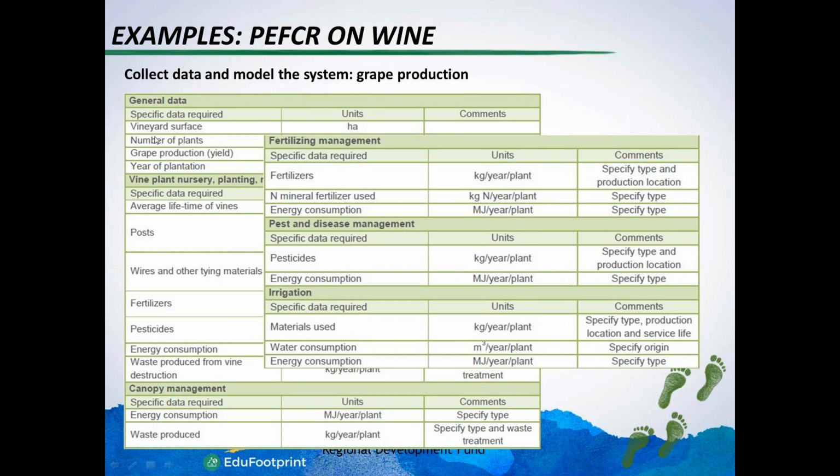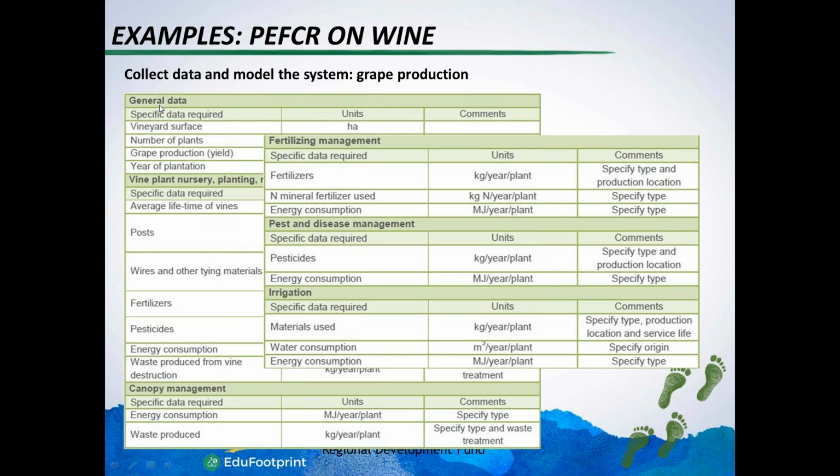So they specified the data acquired. For example, vineyard surface, number of plants, grape production, yields, year of plantation, and try to imagine our data inside our calculator, right?